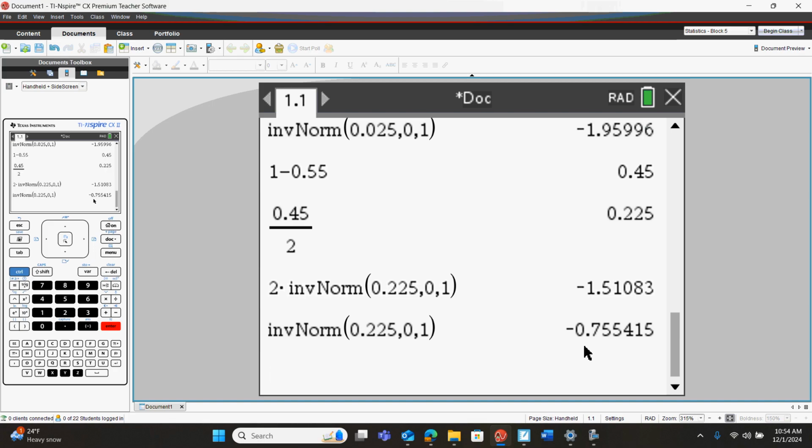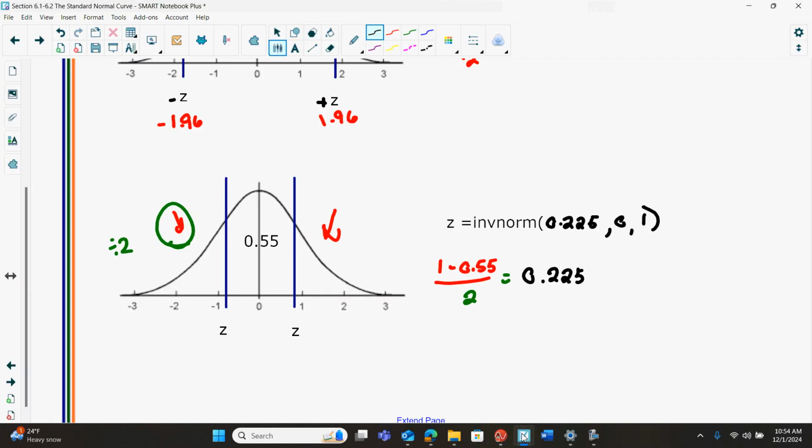There we go. So negative 0.755. Which makes this z-score negative 0.755, and this z-score 0.755.